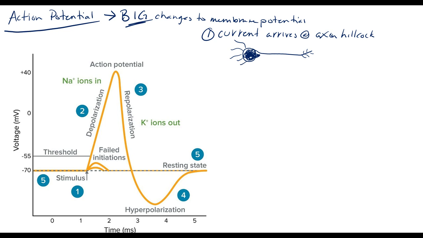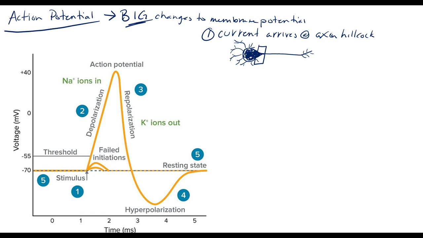The dendrites pick up the signals from the receptors, from other cells, and funnel all of those signals into the cell body. The axon hillock is where the cell body merges with the axon, which is your long strip right here. So the axon hillock is this piece right here.